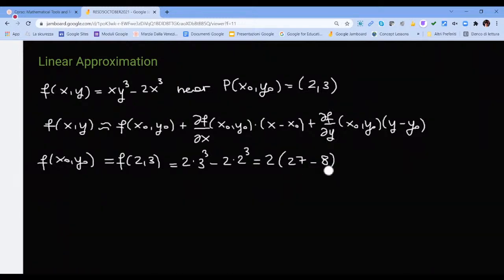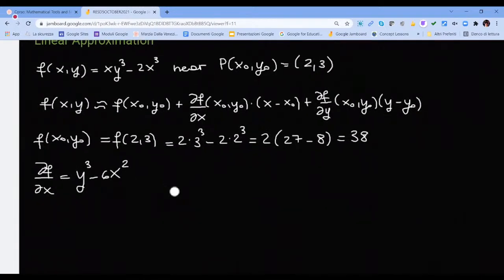So 27 minus 8 is 19, and 2 times 19 is 38. And then we compute the first derivative with respect to x and with respect to y. The first one, the derivative of x is 1, times everything that remains in this first term, y cubed, minus 6x squared.